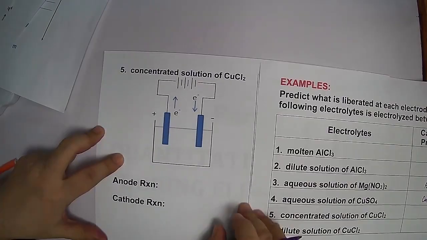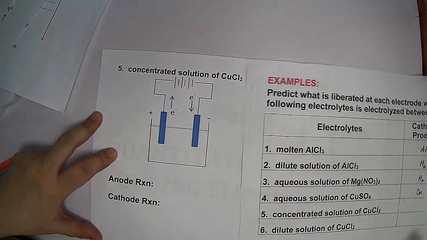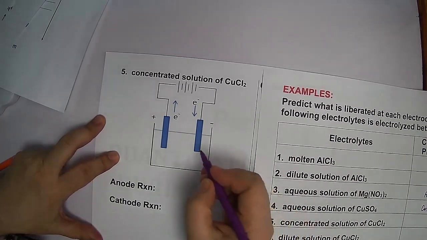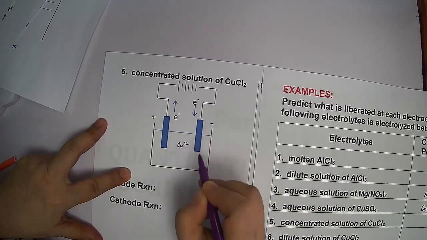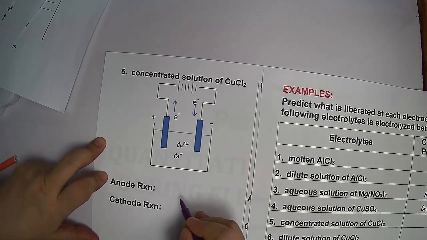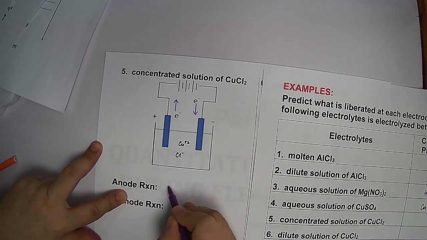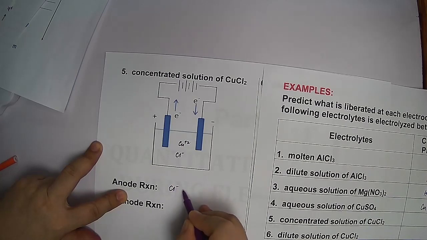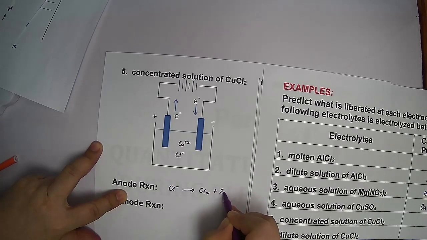Now next we have concentrated, no water. So the ions present are your copper ion +2 and chloride. At the anode, undergoing oxidation, the chloride will lose 2 electrons.